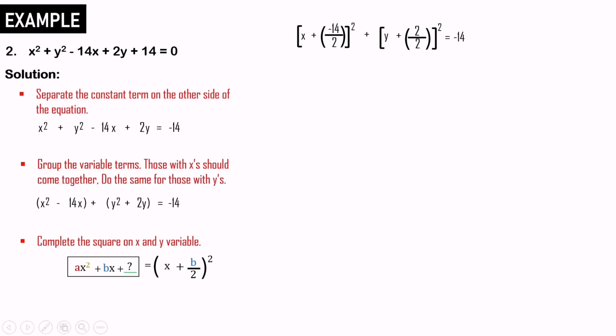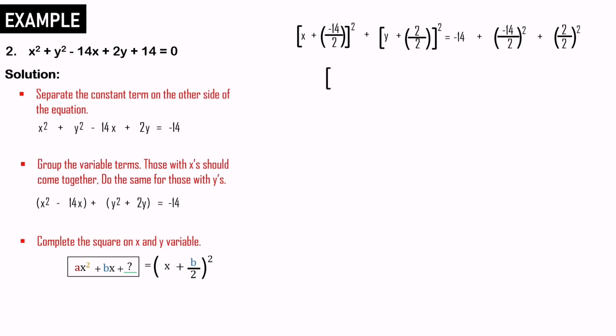Again, whatever we added here, we also add on the other side so that they cancel. We have no monomial factor here, so we just square these. Plus negative 14 over 2 squared plus 2 over 2 squared.